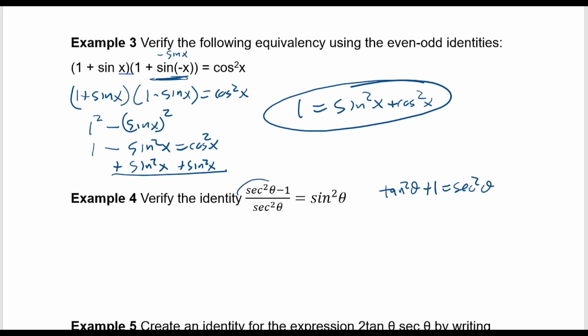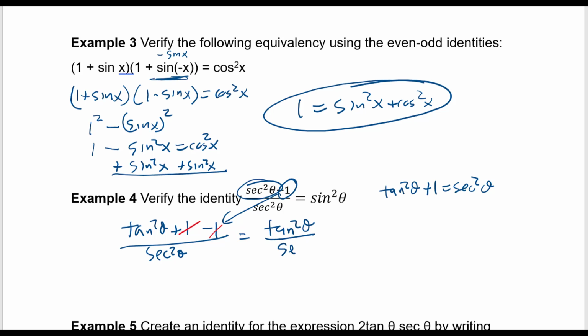So I'll use that and replace here. So I have tangent squared theta plus 1 minus the 1, that's this minus 1 here, over secant squared theta. So the 1s are going to subtract out, and we end up with tangent squared theta over secant squared theta.